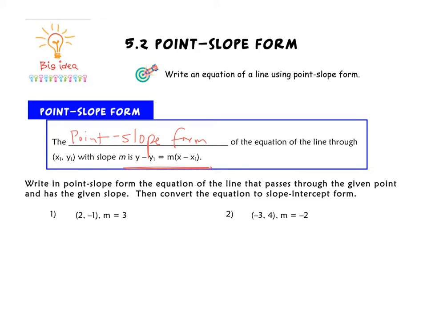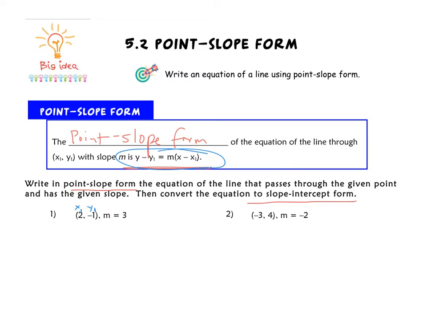Okay, so when we go to use this, we're going to plug the information into point-slope form first, and then we have to convert it into slope-intercept form. Again, this should be reviewed. We've done some of this in chapter 4. Reminder that the first number is our x, the second number is our y, and so that's going to be our x1 and our y1 when we plug it into our equation.